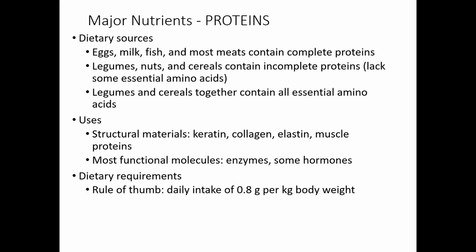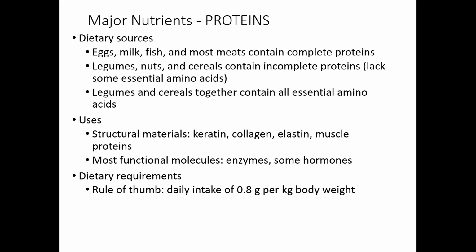Those are the structural proteins. Now we've got the functional ones like the antibodies and enzymes, the globular proteins. Most of the hormones are protein based. They have that squishy globular structure. So we have both structure and function. And to make sure that they work, we have to have all 20 amino acids.